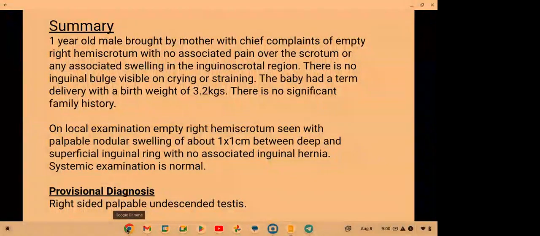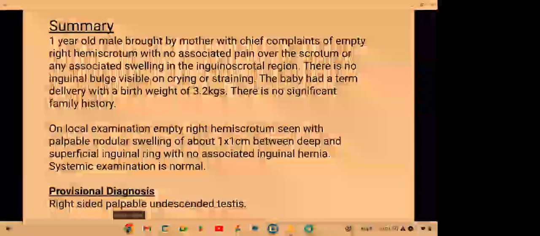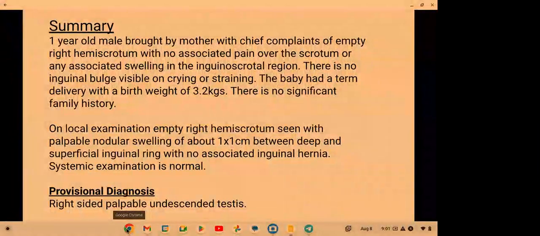That Barr body is the inactive X chromosome in a genetically female, that is 46XX. It can also be seen on the neutrophil. The buffy coat has neutrophils. The Barr body you can see there, but the Barr body demonstration is not foolproof.